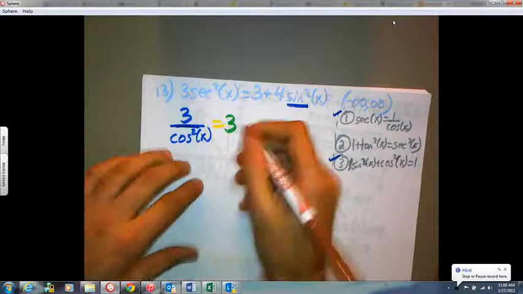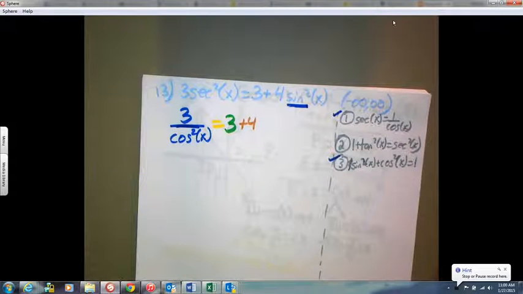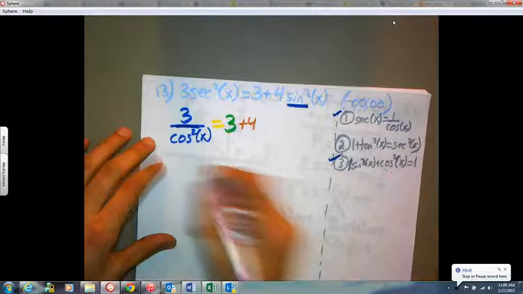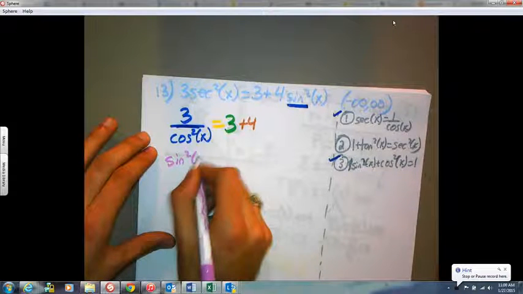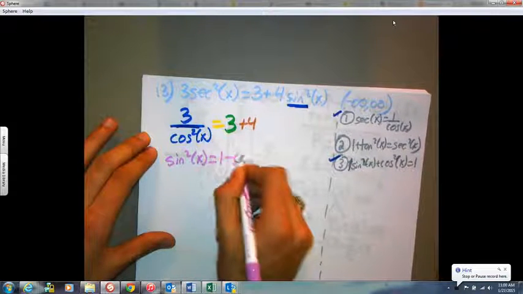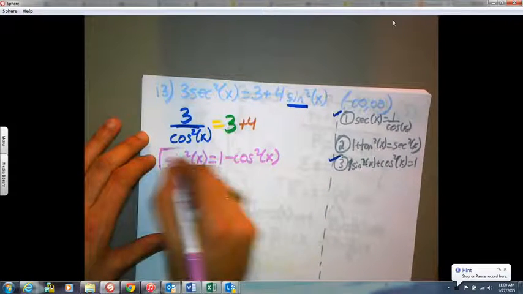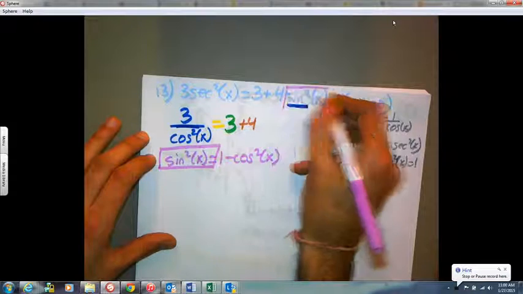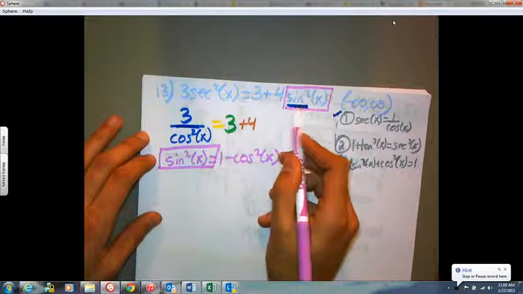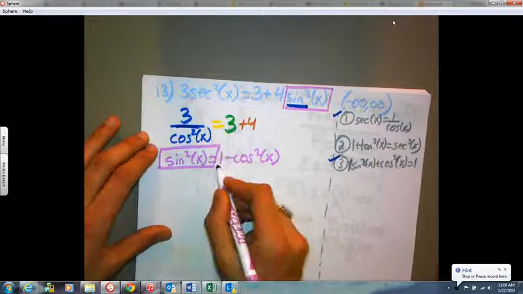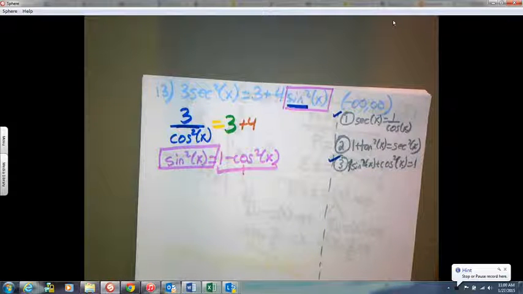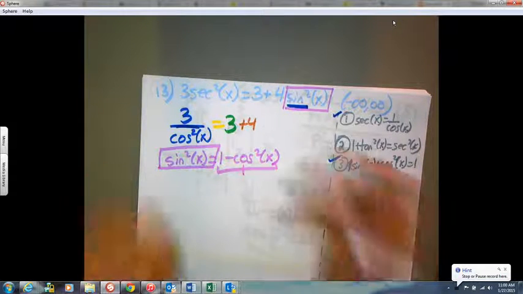For that I just want to rewrite this as sine squared of x equals 1 minus cosine squared of x. So this pink box is the same as this pink box. I'm just going to replace this sine squared with this. So it's going to be 4 parentheses 1 minus cosine squared of x.